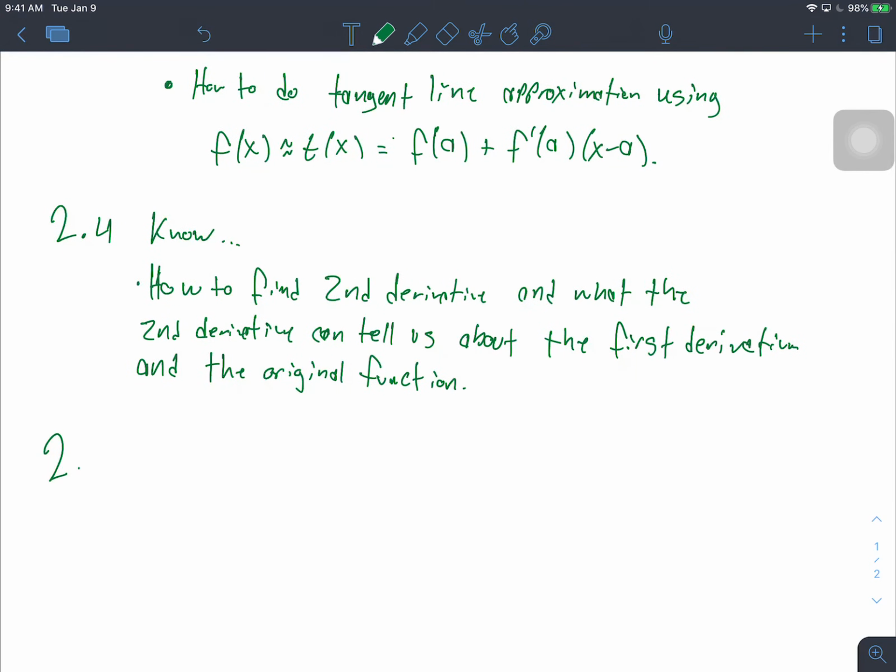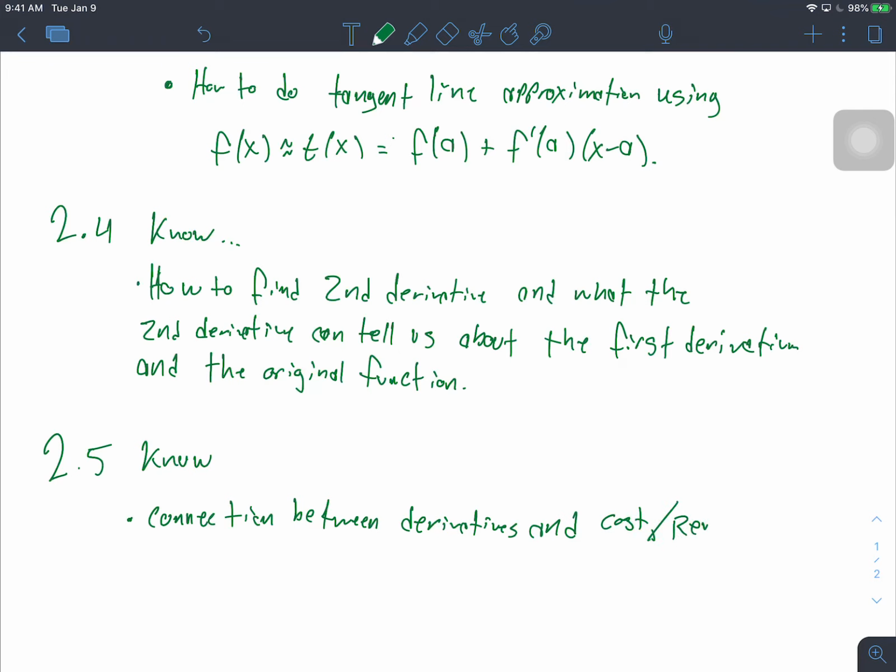Okay, 2.5, you should know the connection between derivatives and cost, revenue, and profit functions.